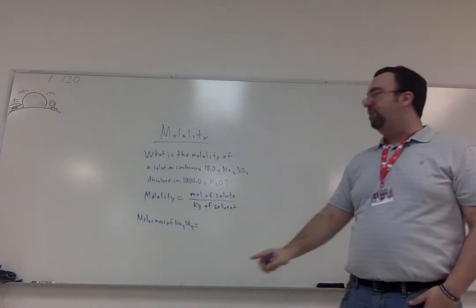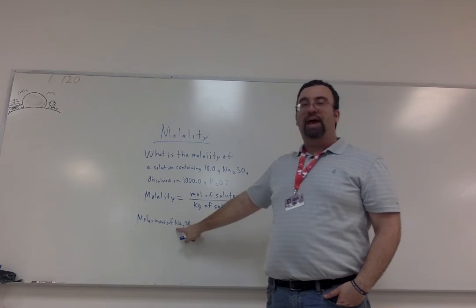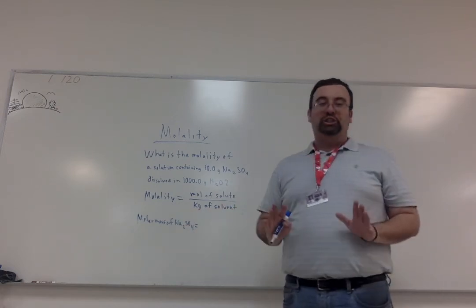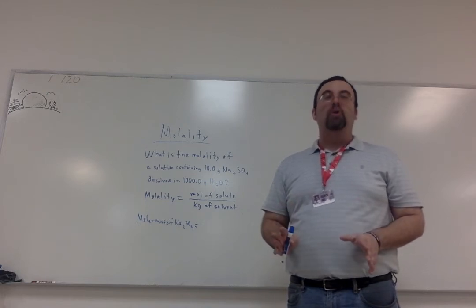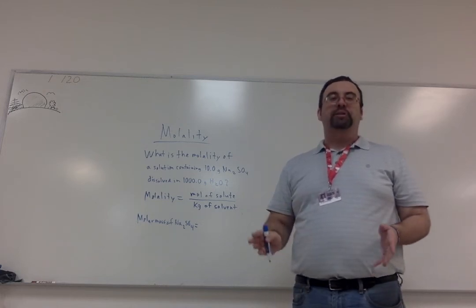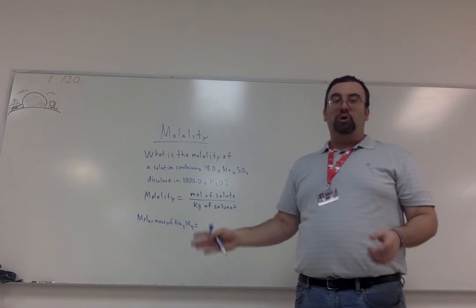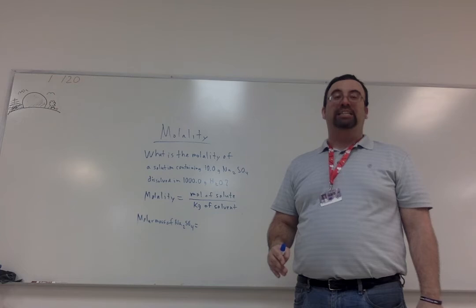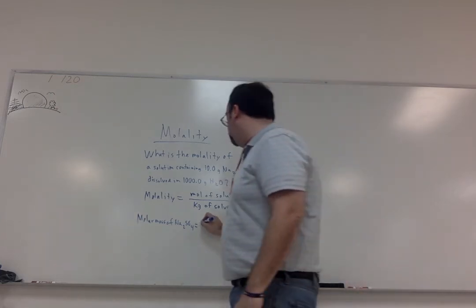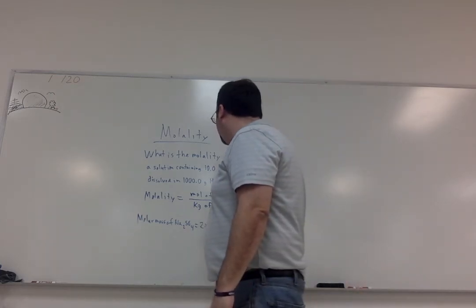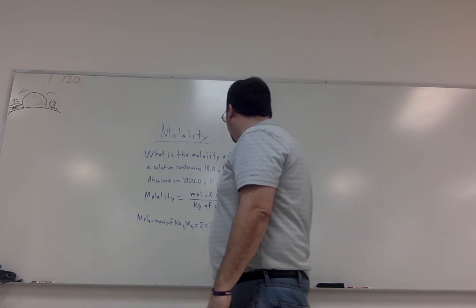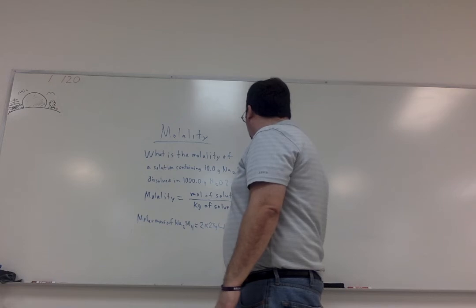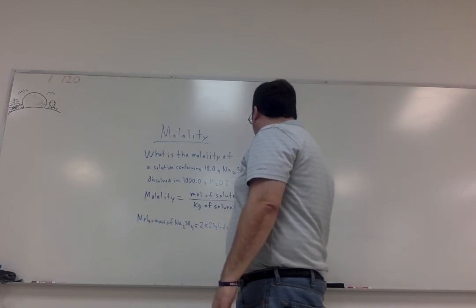Notice that for this compound, we have 2 sodium atoms, 1 sulfur atom, and 4 oxygen atoms. And so we turn to our periodic table. We see that sodium is approximately 23 grams per mole, sulfur is approximately 32 grams per mole, and oxygen is roughly 16 grams per mole. And so we're going to take 2 times 23 grams per mole plus 32 grams per mole plus 4 times 16 grams per mole.